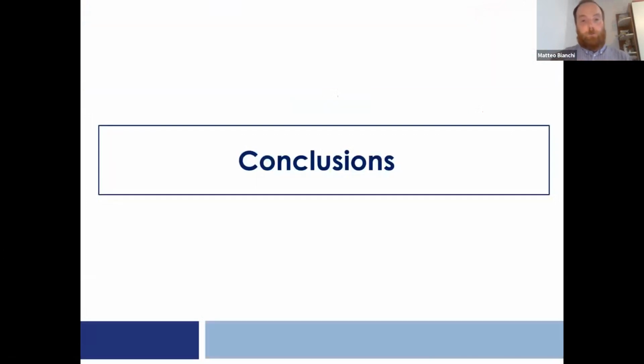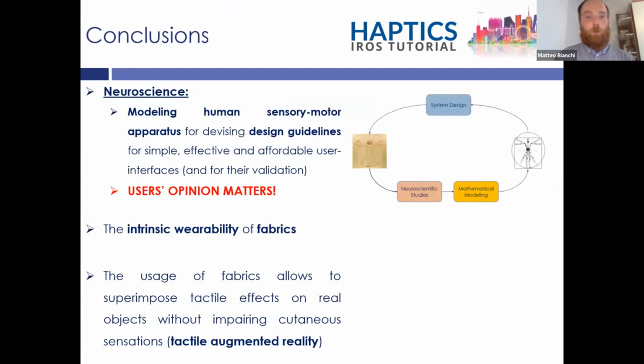So to conclude my talk, of course, there are many types of approaches to build haptic systems. What my group and I try to do is to start from the human example and try to model this example in a language that can be implemented in an artificial system.